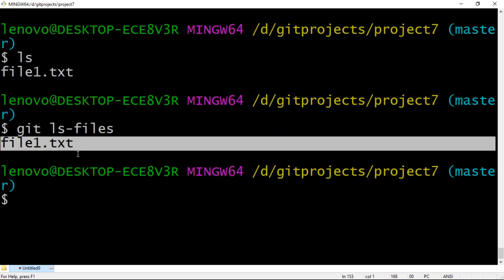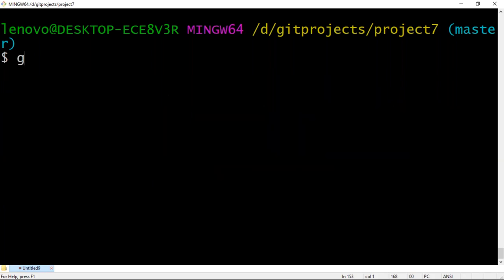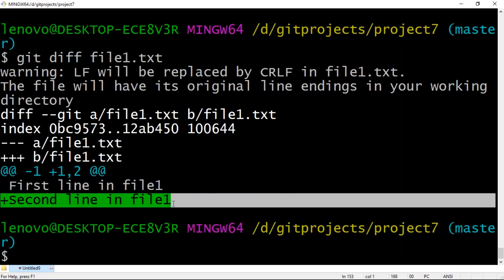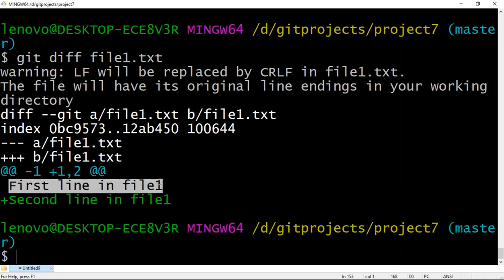Then immediately ask: which content is currently there in the staging area? Git diff file1.txt, have you remembered? It shows the difference between the working directory and the staging area. In the working directory the second line is there, but in the staging area only this line is there.